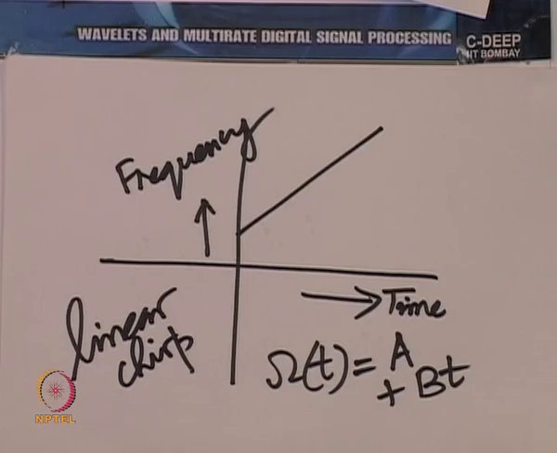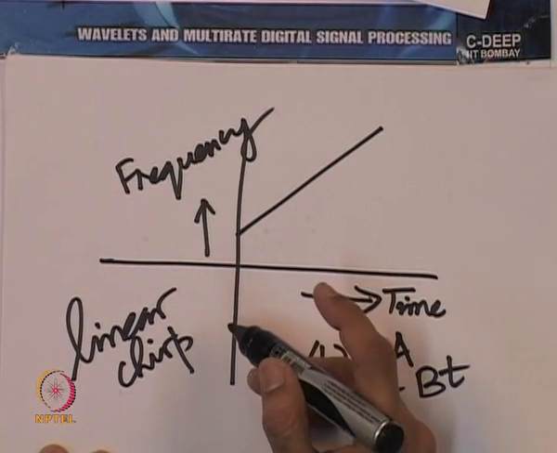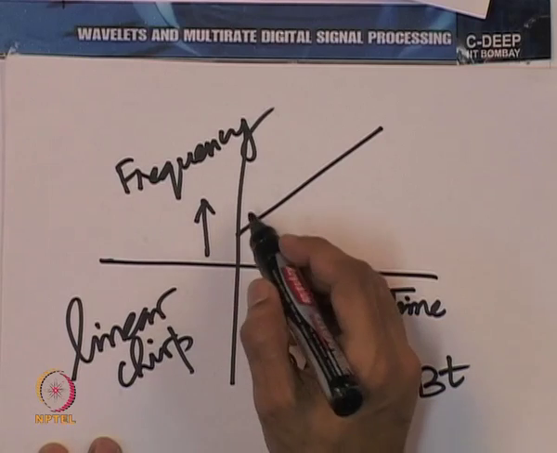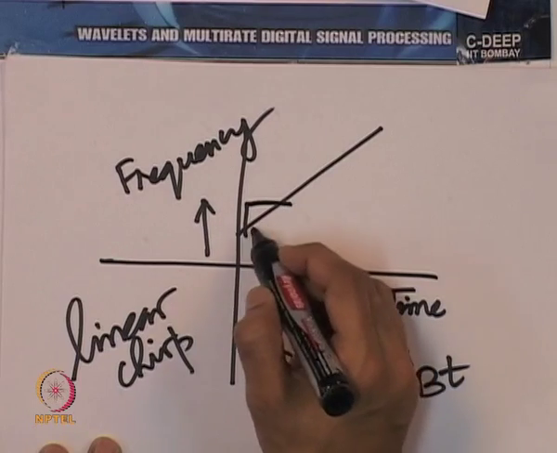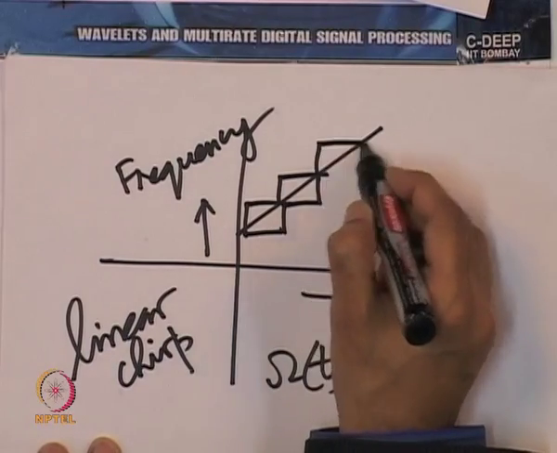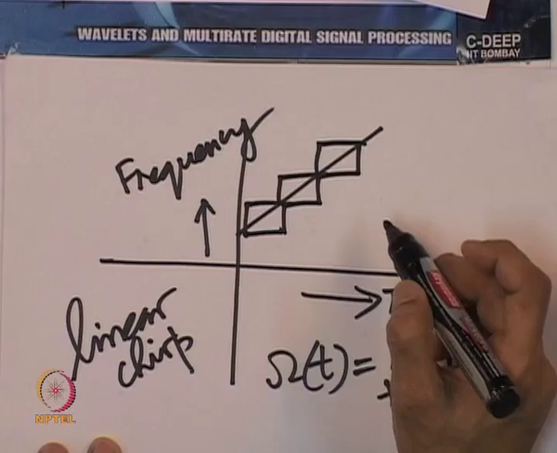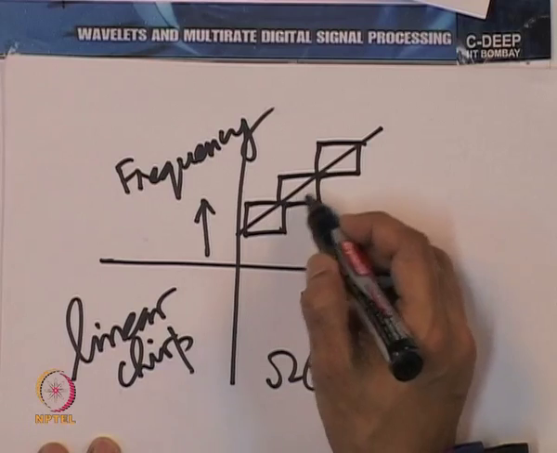What would you try to do with a tool? You would try to trace this pattern, and that is where the uncertainty principle hits you. It says that you can only put rectangles that look something like this. And you can never really trace what is happening within that rectangle.